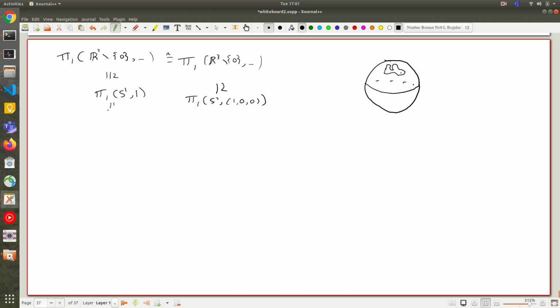Okay, so pi 1 of S1 is isomorphic to Z, and we get our final contradiction by proving the following theorem, which is that pi 1 of S2 with (1, 0, 0) is isomorphic to the trivial group, which I can write as just E, the group with one element. So this is the theorem that we will prove next.